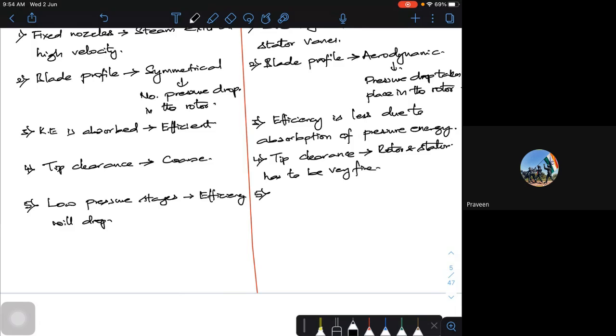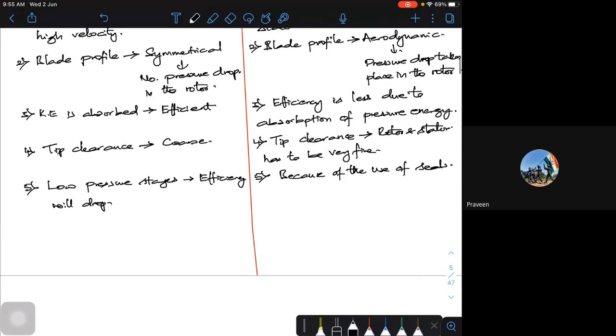But here, because of the use of seals, the pressure drop is reduced.